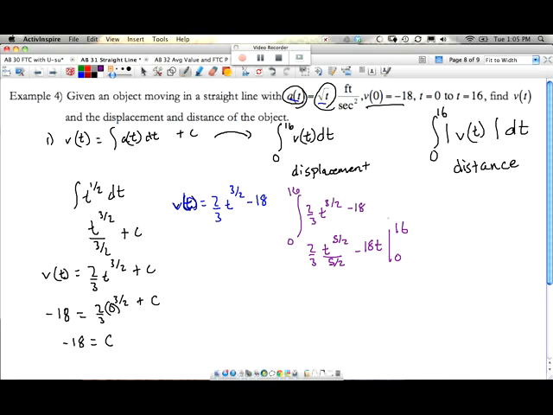And we're going to calculate that from 0 to 16. I could do this one by hand, just for some good practice. So we've got 2/3 times 2/5 times t to the 5/2 minus 18t from 0 to 16.